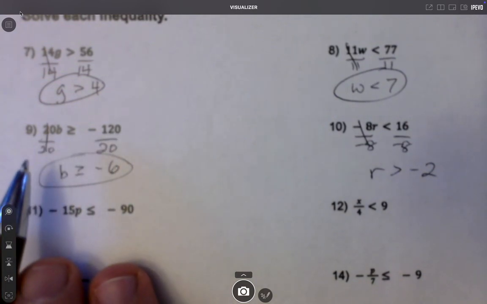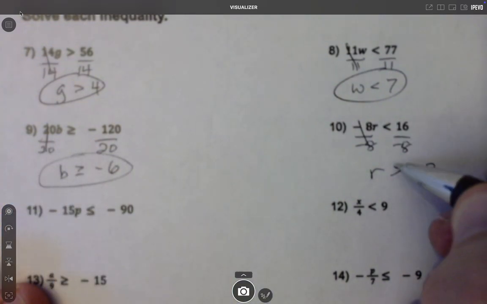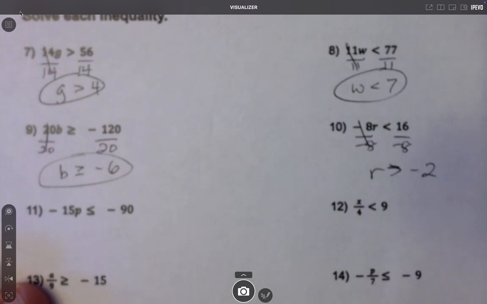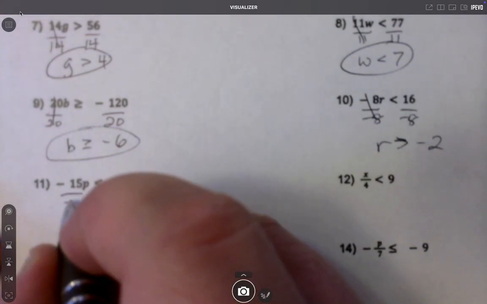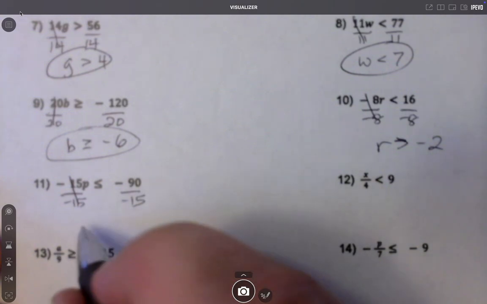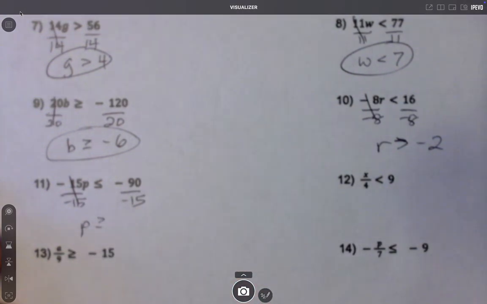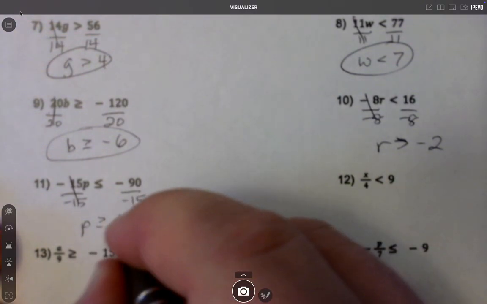It's when the number we divide or multiply both sides by is negative, we flip the inequality sign. Okay, number 11, we have negative 15 times p. So we divide both sides by negative 15. And since we're dividing by a negative number, we do flip the inequality sign, make it greater than or equal to. Negative 90 divided by negative 15 is positive 6.